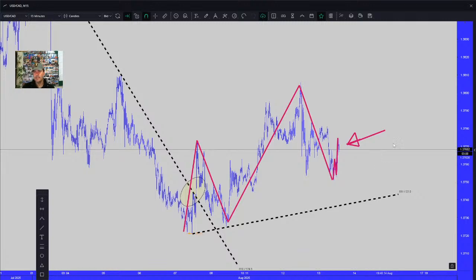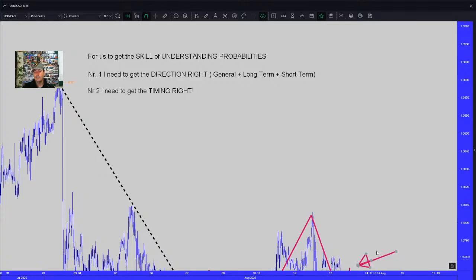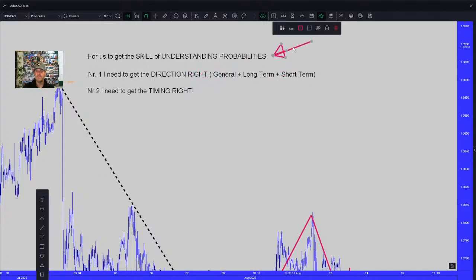So if I get the direction right on the 15-minute chart, and if I get the timing right on the 15-minute chart, then I should be able to make some pips.